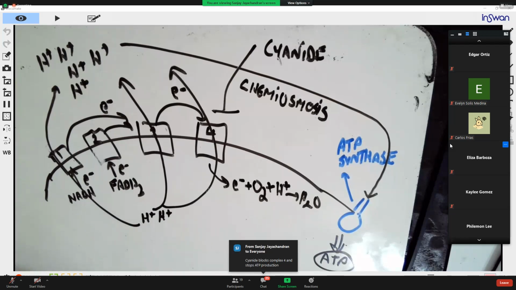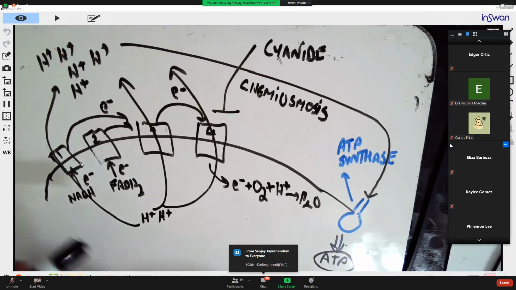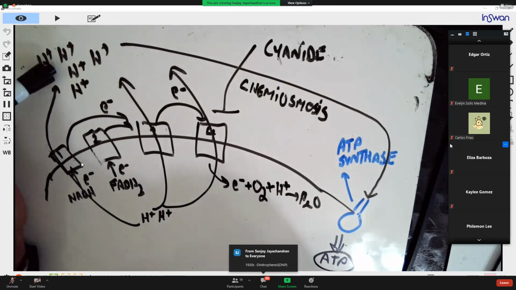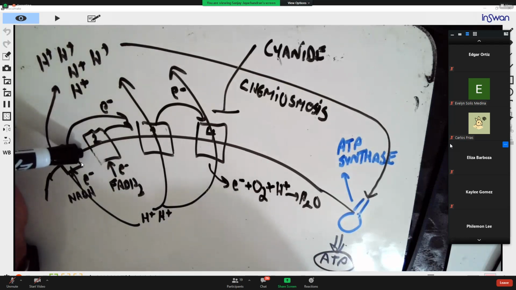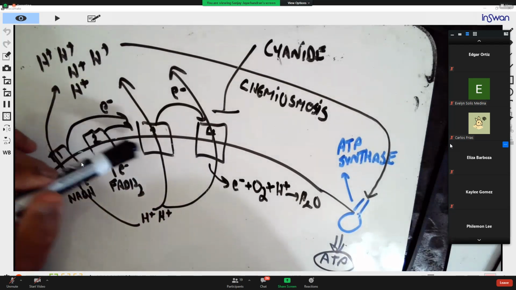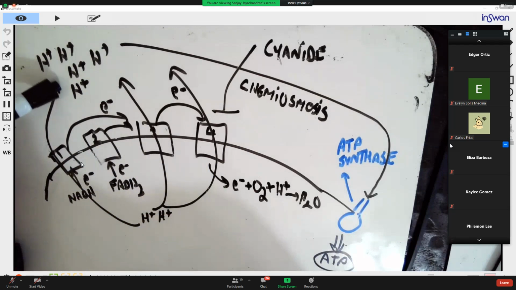So in the 1930s, there was a diet pill called dinitrophenol, DNP. And what it did was it basically took these protons, and it could dissolve itself in lipids. It was lipid soluble, which these membranes are, right? It's like a membrane. It took these protons and brought them right back down.